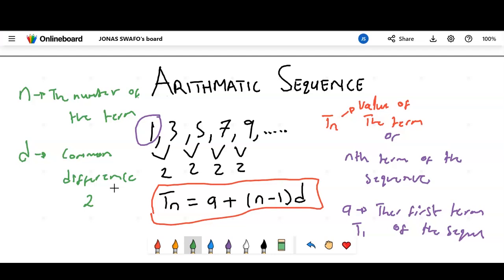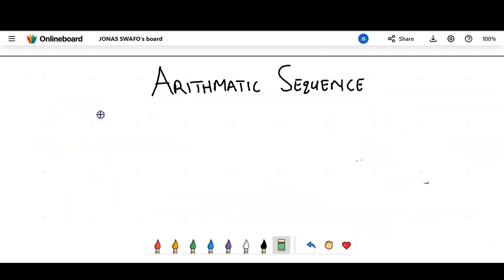So now let's take a look at another example. Supposedly now we have an example, right? And in this example, they've given us a sequence 4, 7, 10, and 13, right?